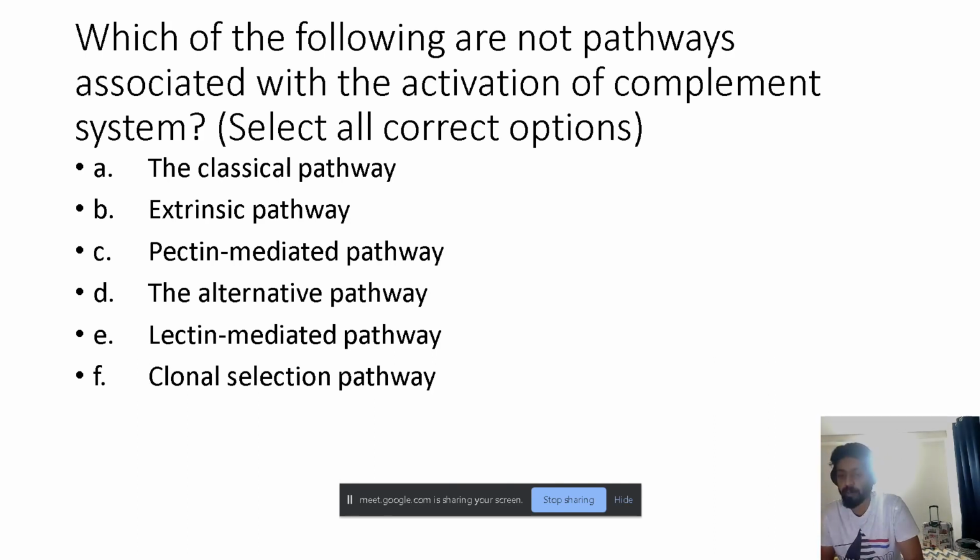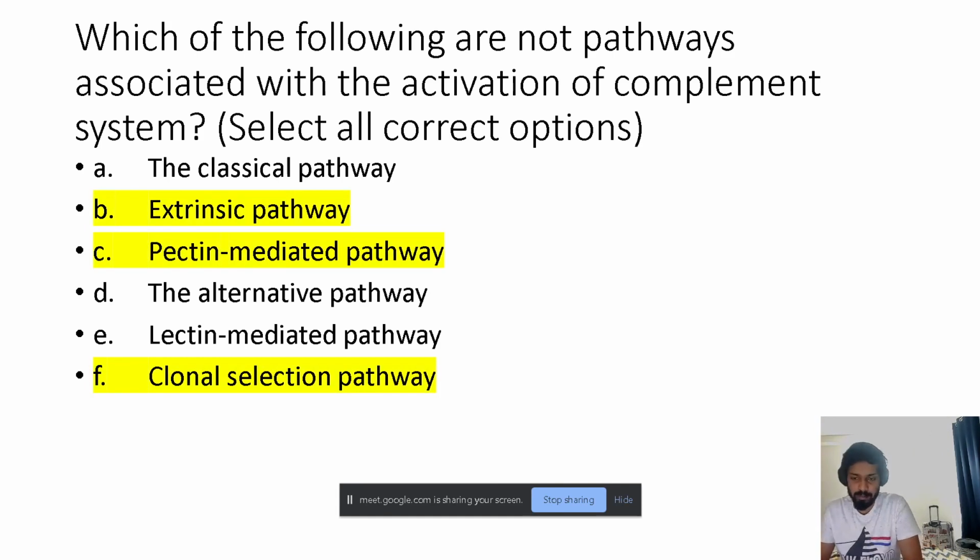We don't have a pectin-mediated pathway, and clonal selection is something that happens during T cell maturation. The extrinsic pathway is also not a complement pathway, so it is a correct option, but for some reason it's highlighted, so ignore that. So pectin-mediated pathway and the clonal selection pathway are the correct options.